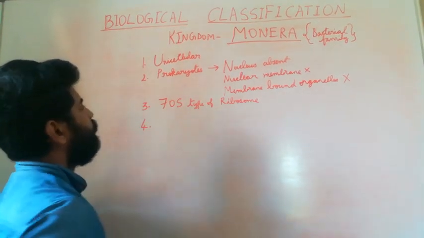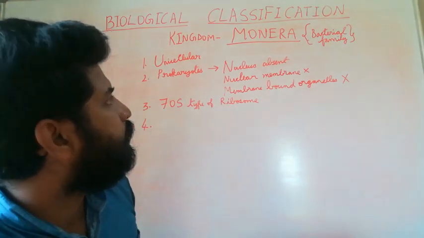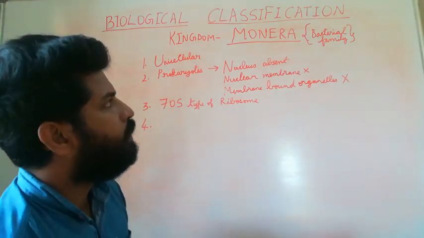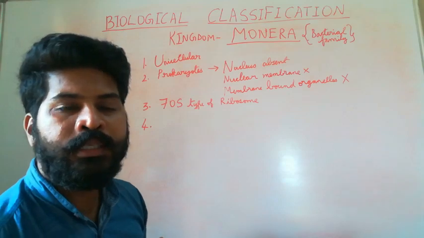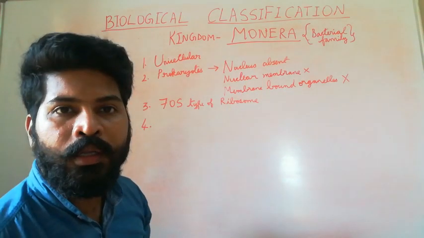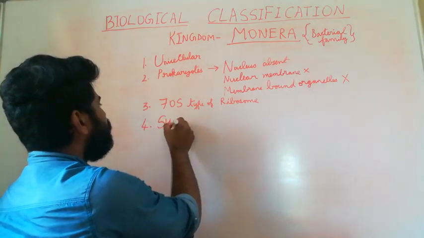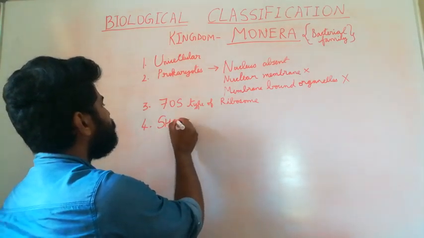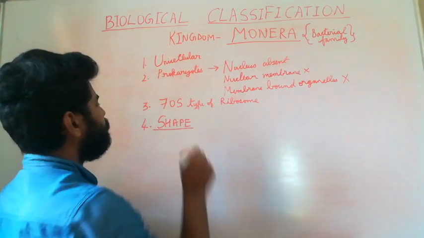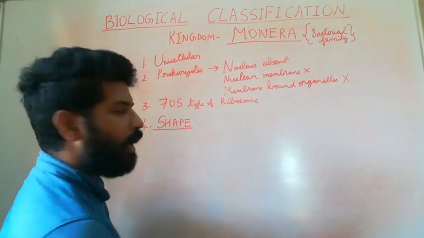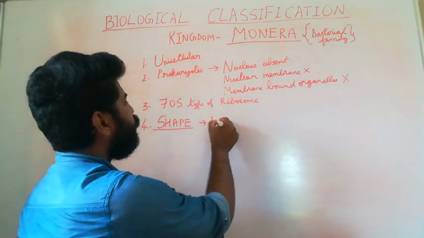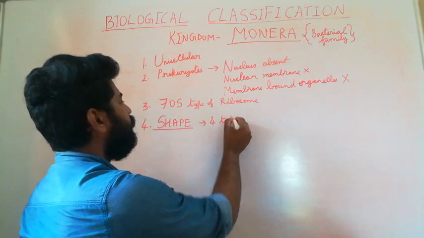Talking about their cell structure, what does a bacteria look like? Based on the shapes, bacteria is classified into 4 types.